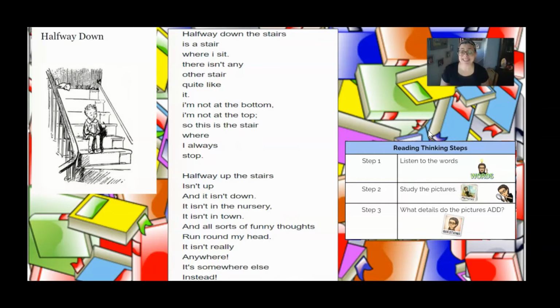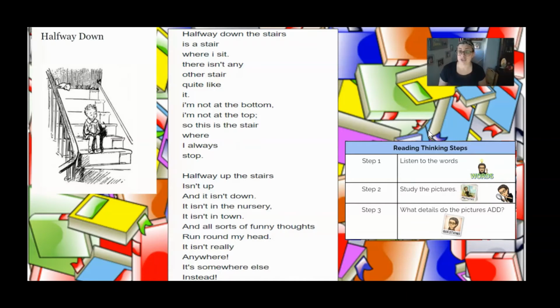You probably said you noticed the words told you about a person who is sitting on the stairs. So we know that person from last week is a child. That's our character. Our setting is where. Where is the child? On the stairs.